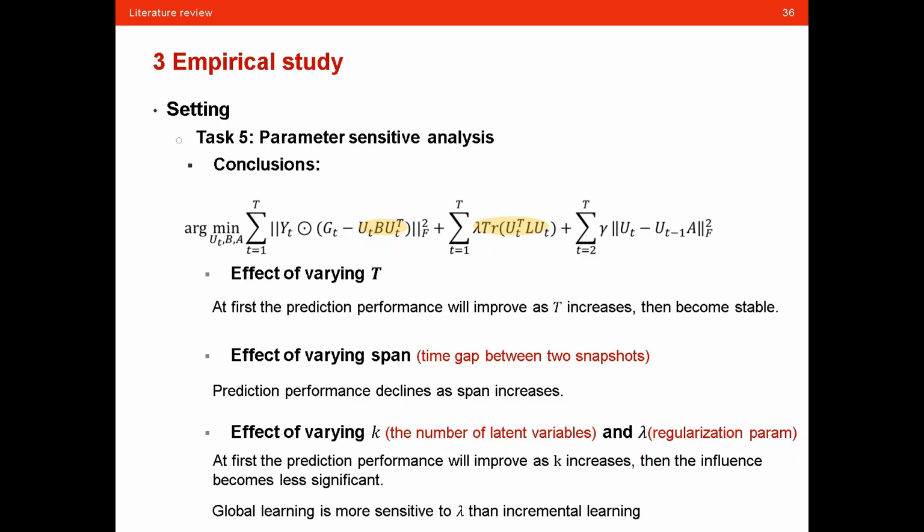And the last is the effect of varying k, which is the number of latent variables, and lambda, which is the regularization parameter. And through the test, at first the prediction performance will improve as k increases.